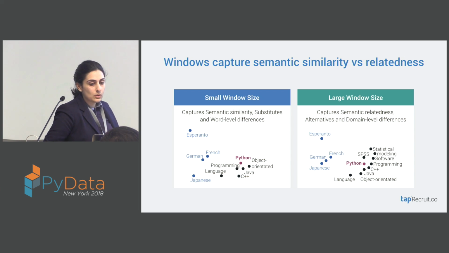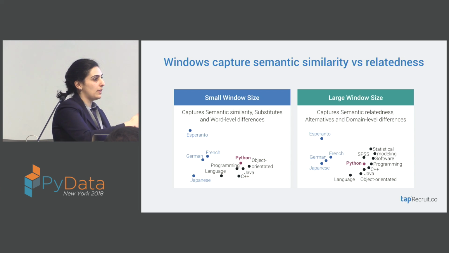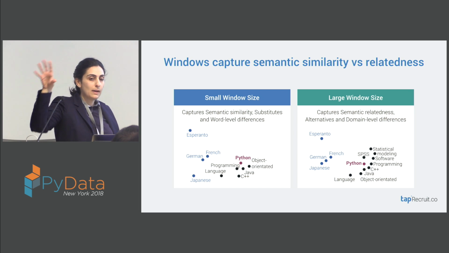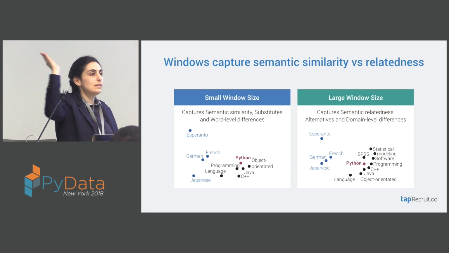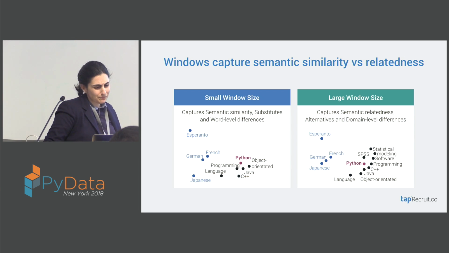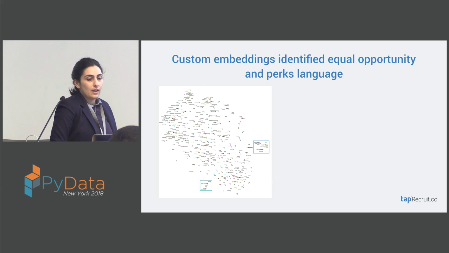Some of the algorithms also differ in whether they capture semantic similarity versus relatedness, and that depends on your intention. Maybe you want alternatives. Maybe you just want to know that Python is part of the statistical modeling group, and very distinct from finance, for example, or FP&A roles.